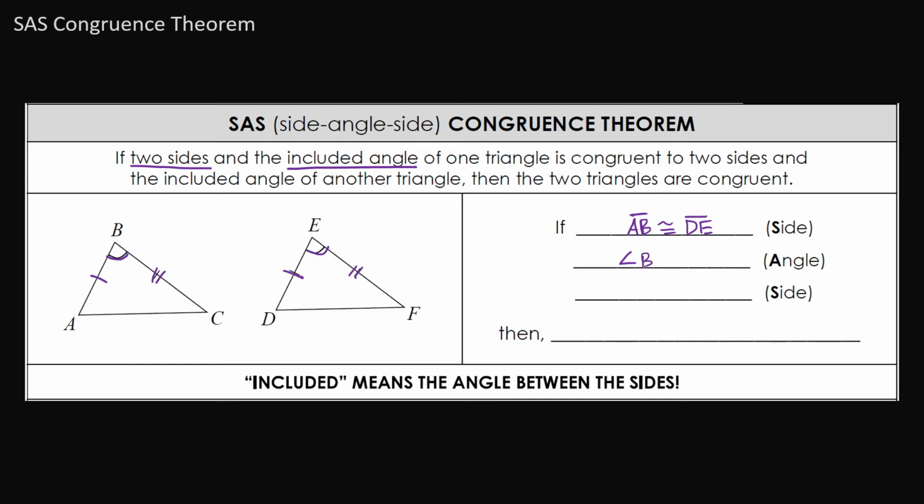Angle B is congruent to angle E. And side BC is congruent to side EF. Then our congruency statement would be valid. Triangle ABC is congruent to triangle DEF.